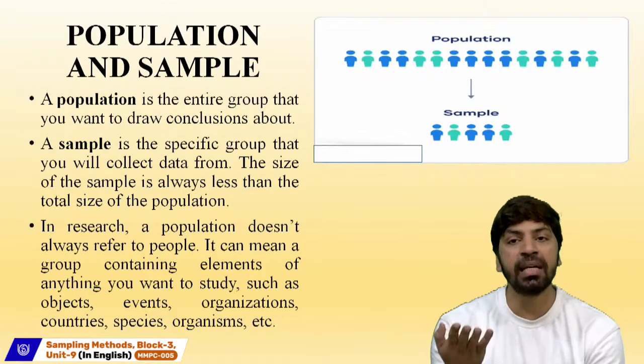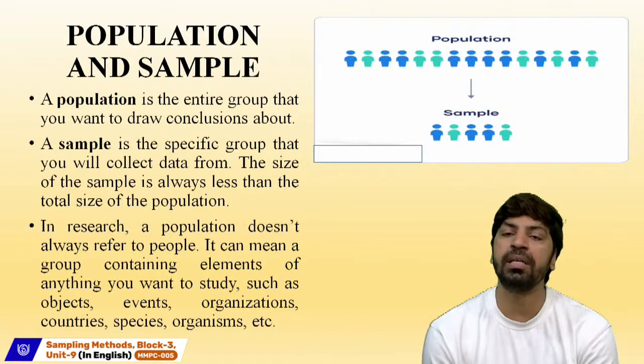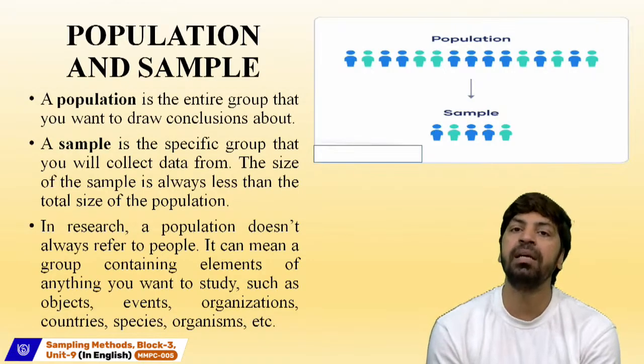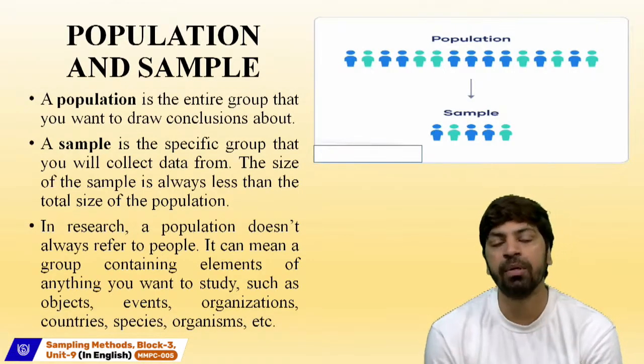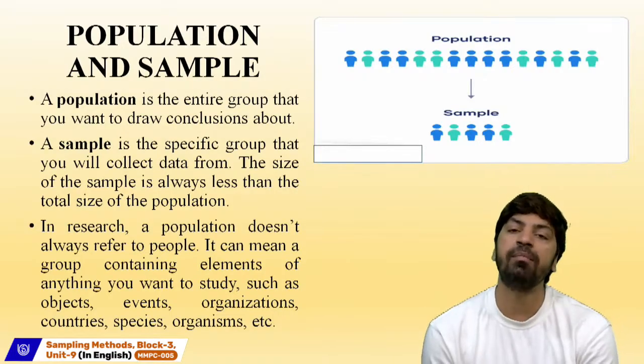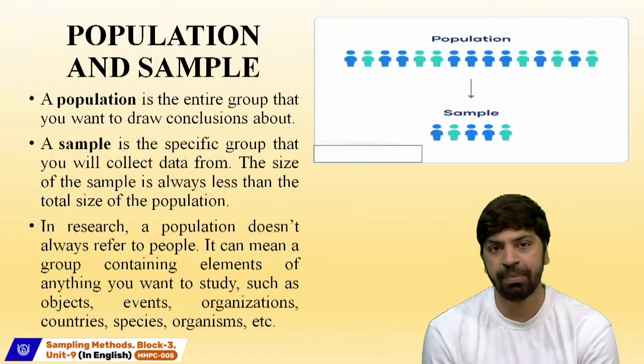You can see in the image that the population is a large entire group, and from the population the researcher has selected a specific group so that he or she could collect data from that selected group of people.